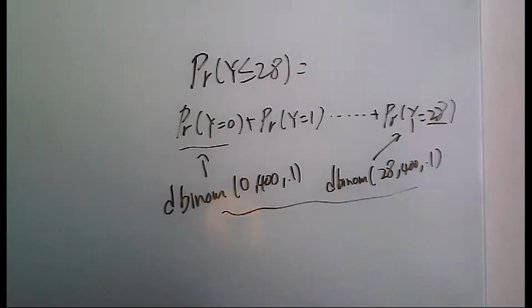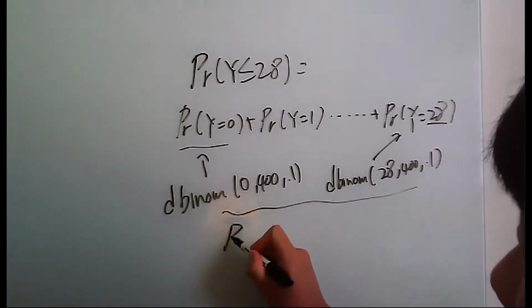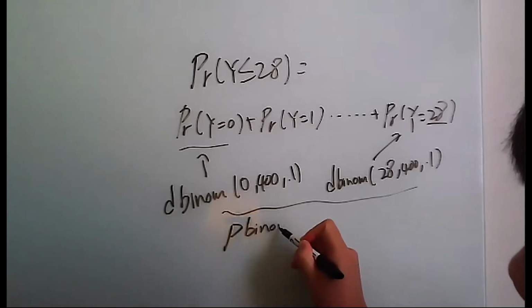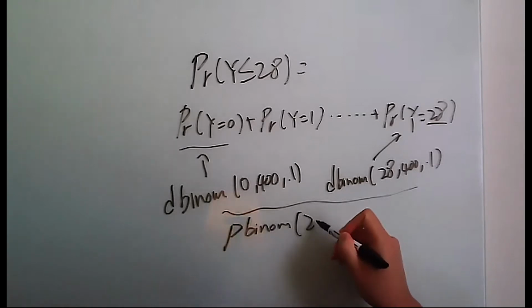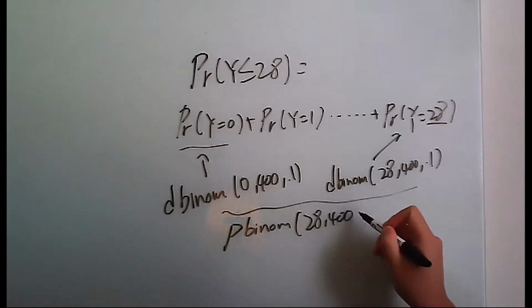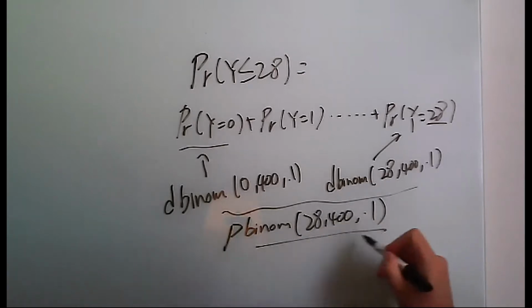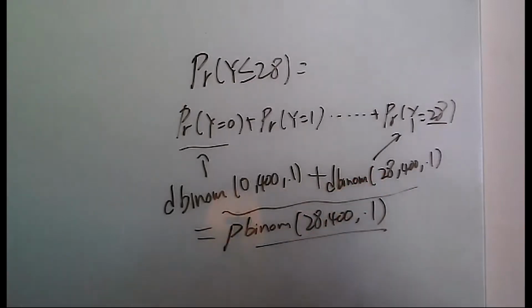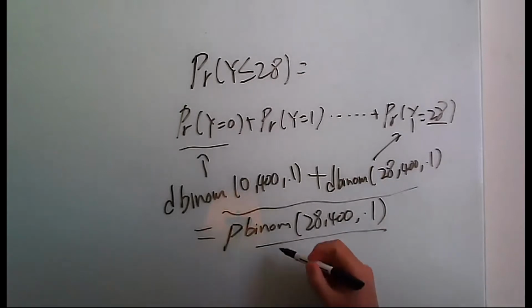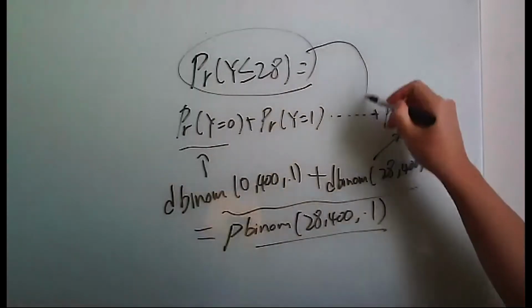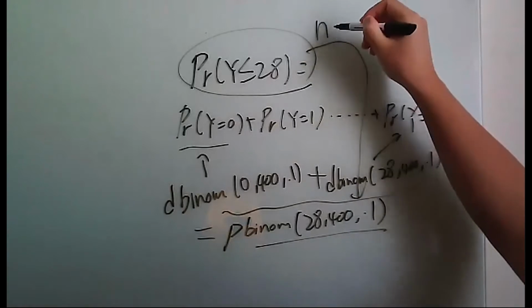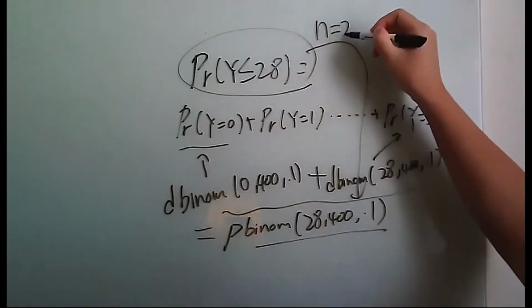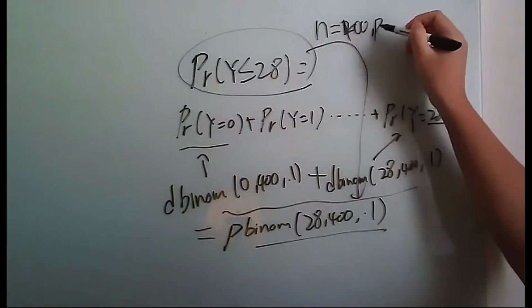That is 29 of them, which might be cumbersome, too much code. So in our program, we have pbinom of 28, comma 400, comma 0.1, which is basically the summation of all of these. This might save you some time. That is equal to the probability of Y less than or equal to 28 with N equal to 400 and P equal to 0.1.